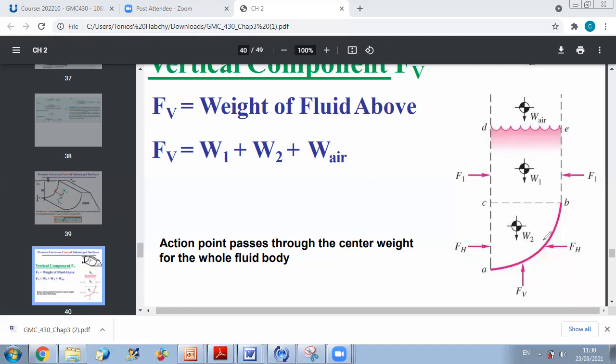Since we are working in the static case, we can write that the sum of forces in the vertical direction is equal to 0, and the sum of forces along the horizontal direction is equal to 0. We have considered these forces, FB and FH, but we still have external forces acting on our control volume. We said that the action of the curved surface on the control volume will be accounted for by these two components, FH and FB.